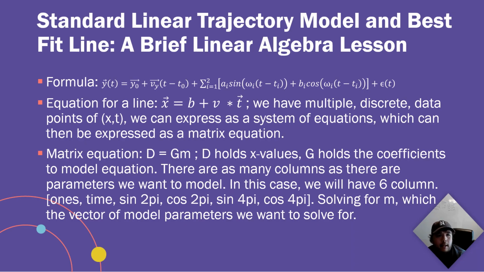So moving on to the standard linear trajectory model, or SLTM, and the best fit line. This seasonality can be modeled by the formula above, which takes a positional vector y and its velocity at time t, and that's just the equation of a line, right?